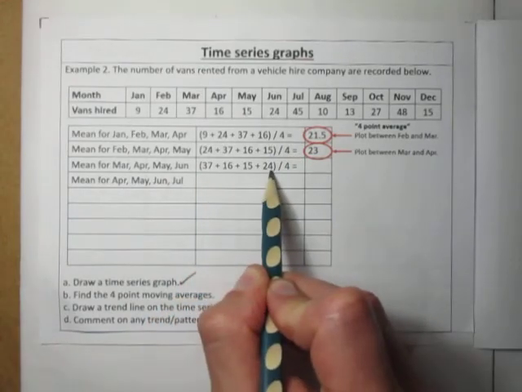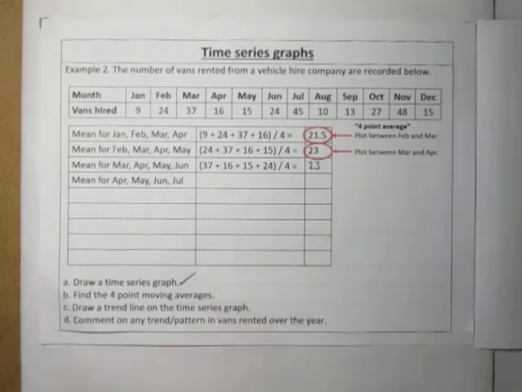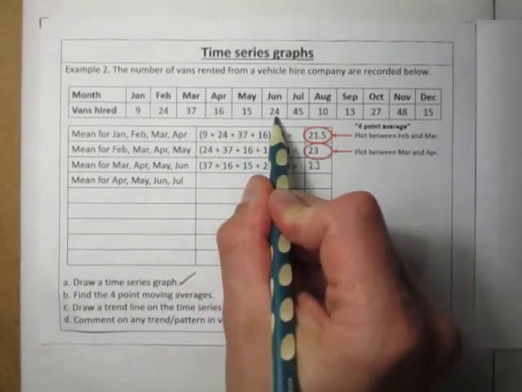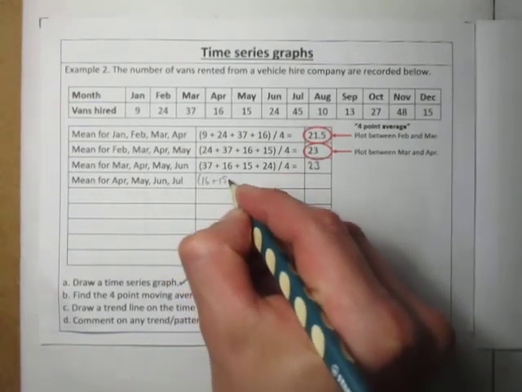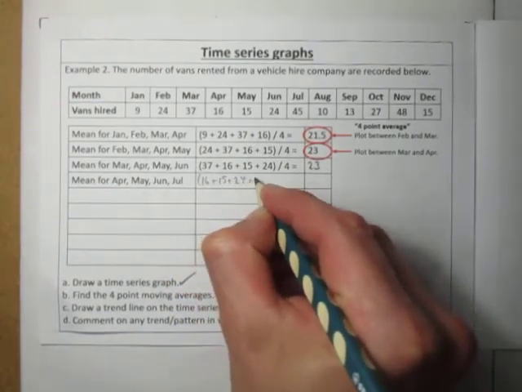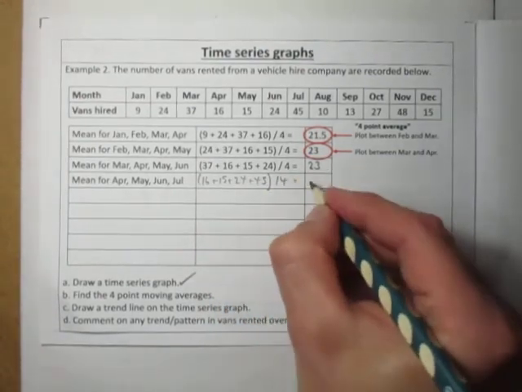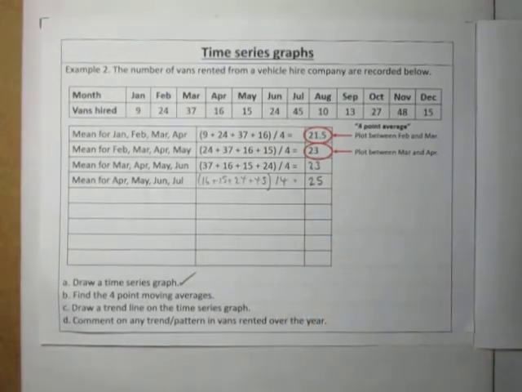Add all those together, press equals, then divide by 4, actually gives me a value of 23 again. Average for April, May, June, July, that would be 16 plus 15 plus 24 plus 45, press equals, divide by 4, gives me a value of 25 vans.